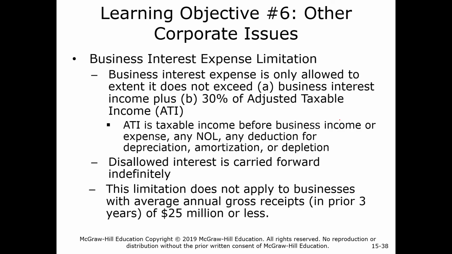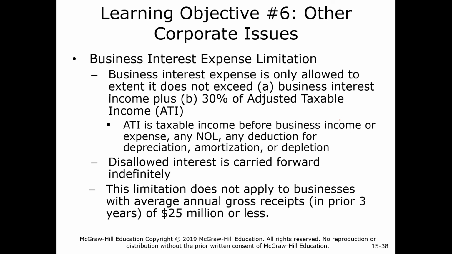The last item on the agenda is the business interest expense limitation. Actually, I have one more, but this is just applicable to large corporations, where we're going to limit the interest expense to 30% of adjusted taxable income plus the interest.